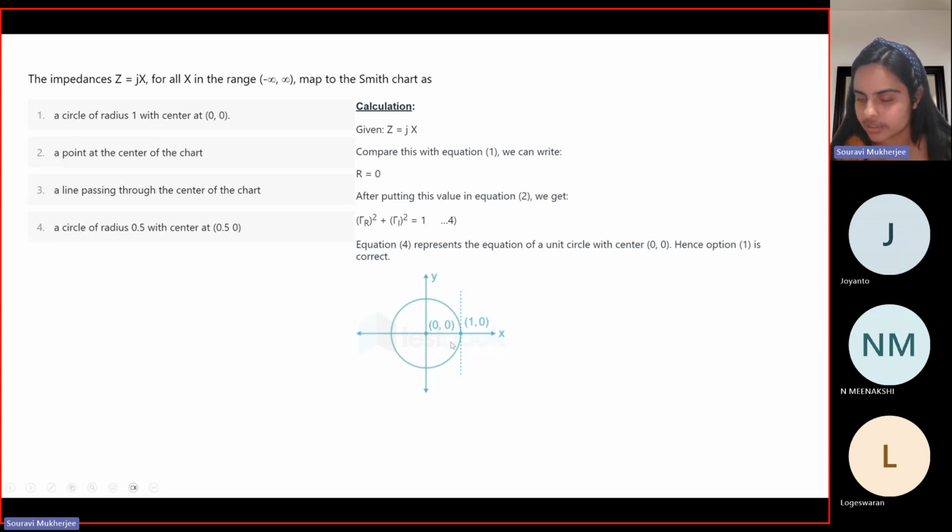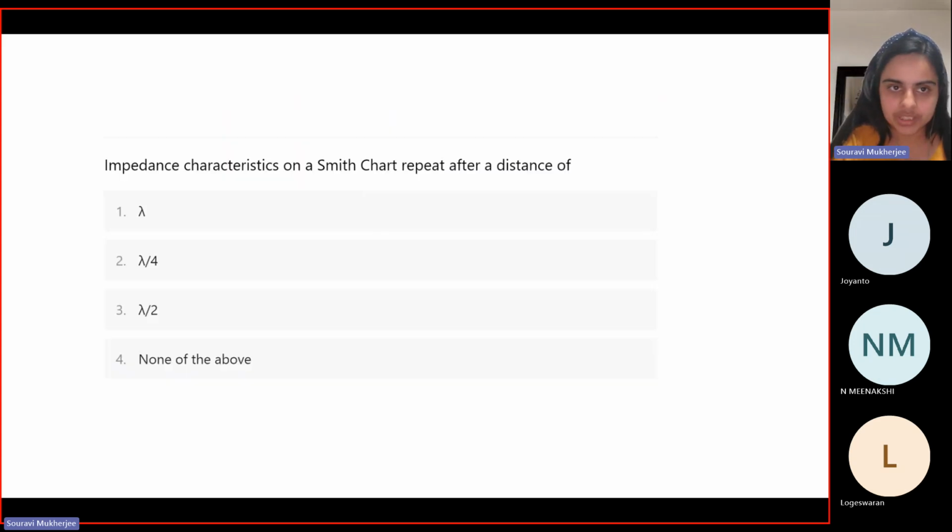So you can draw the circle and see which one matches. It matches the first option, a circle of radius 1 with center at 0, 0. This is with respect to the reflection coefficient plane, because here x corresponds to tau R and y corresponds to tau I. So this is how one can relate impedances to points on the Smith chart.